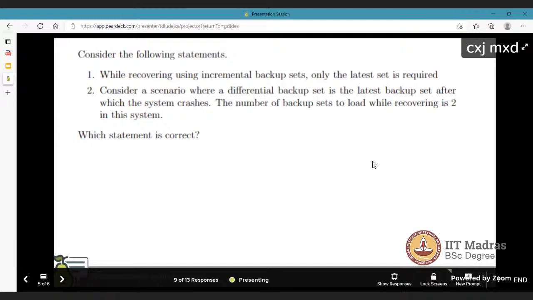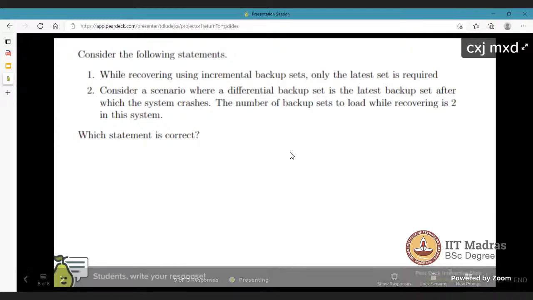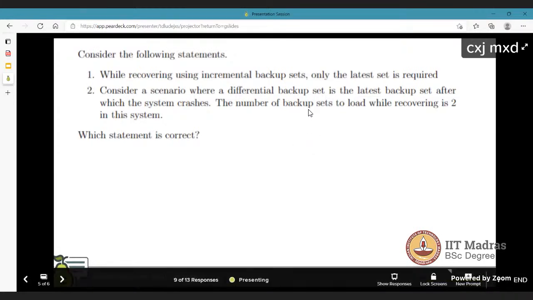Yeah, but I assumed latest set means only the incremental backup set. If I have only the incremental backup set, then it cannot be recovered, right? I need the full backup set. So you are saying it should be mentioned in the question that the full backup is already done. Yes, because I assumed that latest set means the incremental backup set only.